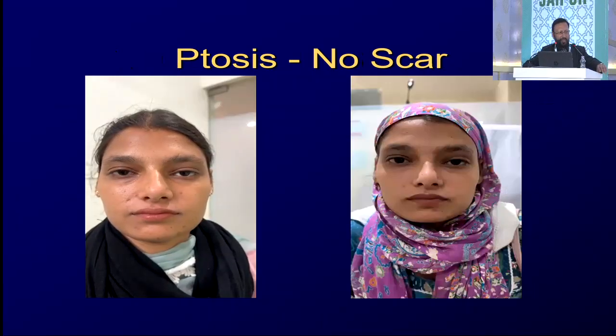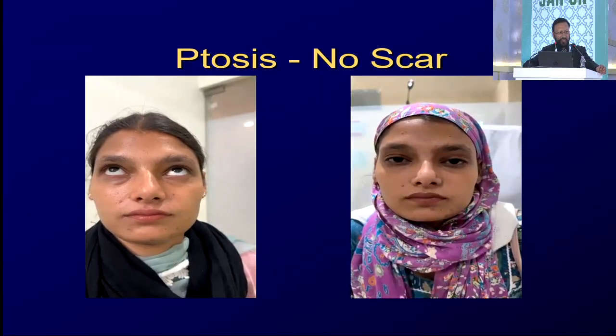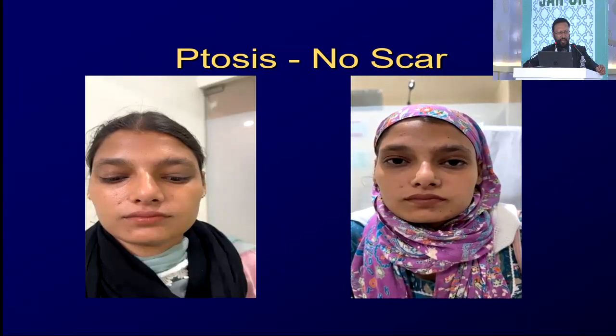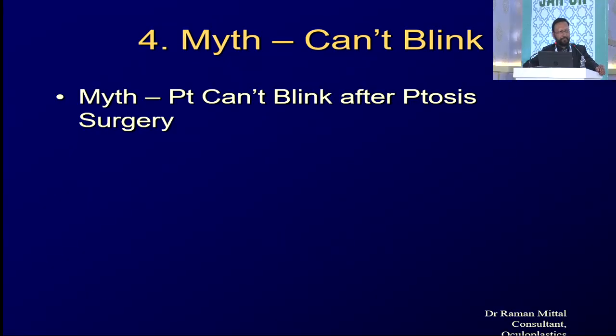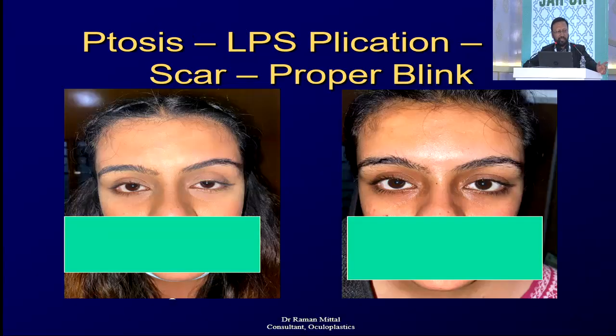So here also there is no problem, no scar. Blink is wonderful. Everything seems very natural in a post-operative case. As I've already shown, the blink is very much there. Some people think the blink won't be there, and that has been conveyed to patients, so they don't come for surgeries in good time. Rather, they try to avoid the surgery, but it's a near natural blink.